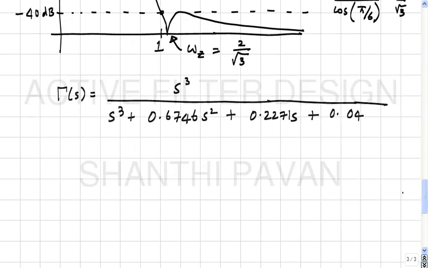And one thing I would like to point out at this point is that one common mistake when people do hand calculations is the following. You tend to keep rounding off these numbers at any place convenient. The question is, do we really need to carry forward this 746, or should I just say s cube plus 0.6 s square plus 0.2 s plus 0.04?